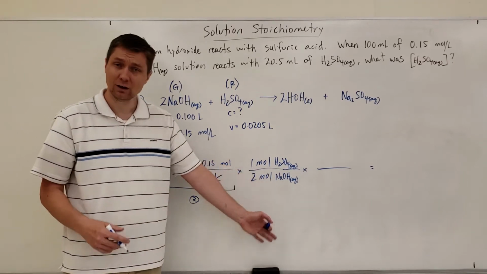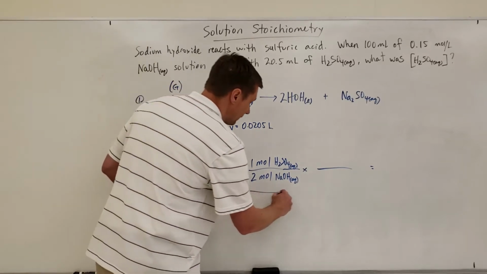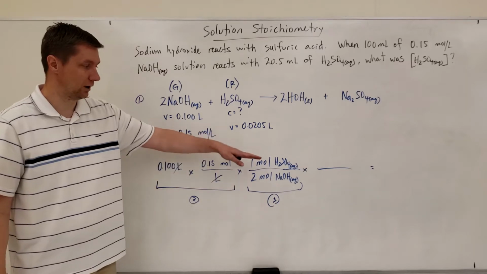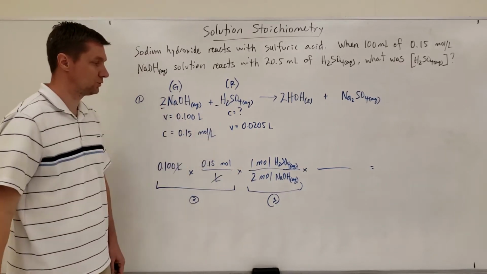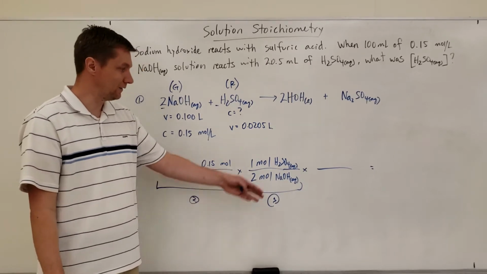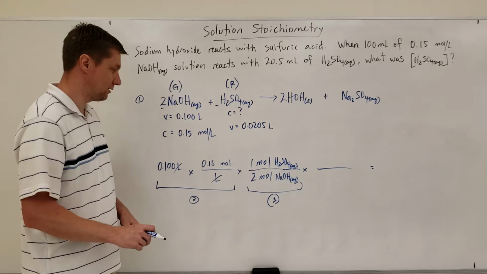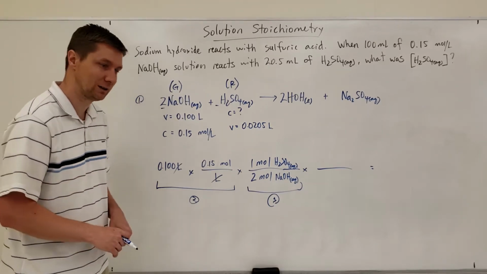Step number 3, convert the moles of the given into the moles that are required using the mole ratio. So there's step number 3, my mole ratio of required over given, with these coefficients being used, 1 mole over 2 moles. And then this last step right here is a little bit tricky in that you have to make sure that you're paying attention to what's canceled and what hasn't been canceled yet.